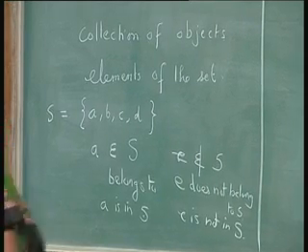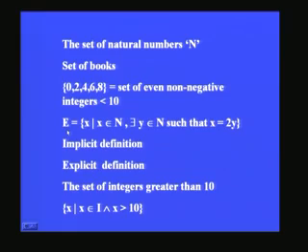Now, you can also have a definition like this. For example, the set of even non-negative integers, we can say that E is equal to {x | x belongs to N, it is a non-negative integer, and there is a y belonging to N such that x is equal to 2y}. This denotes the set of all even non-negative integers.